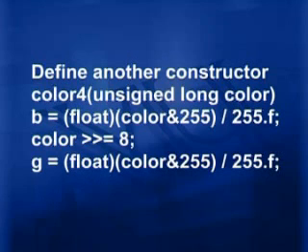color 4 using unsigned long color, where now we say that the blue part b is typecasted to float of color ended with 255 divided by 255 float, and then we shift the color by 8 bits in order to accommodate the next component, which is G, which is given as color and 255 divided by 255 float, and then again we bit shift the color by 8 bits.